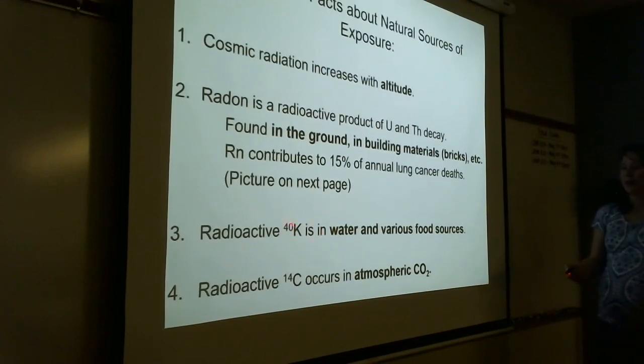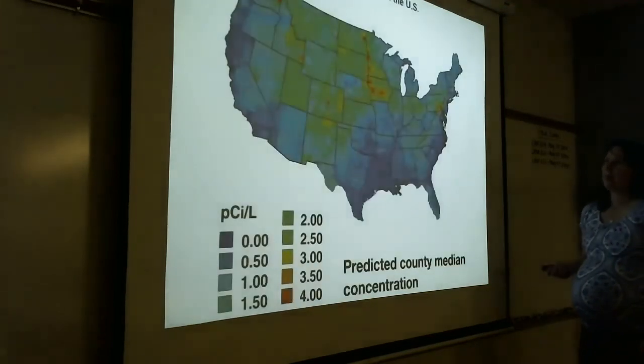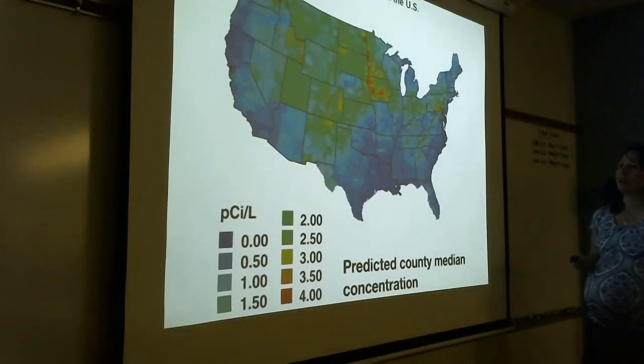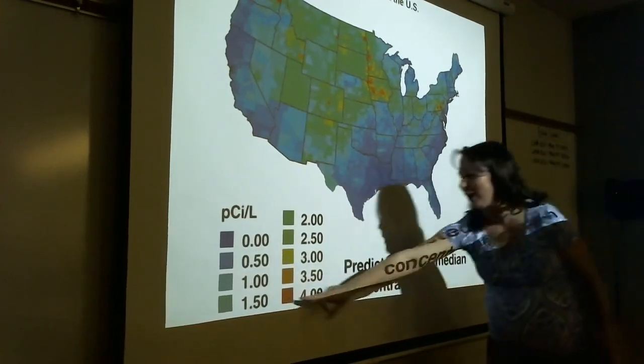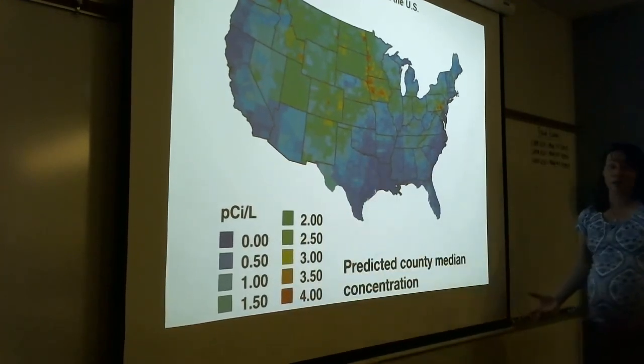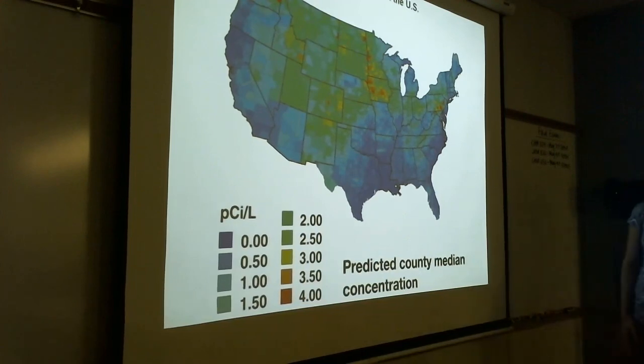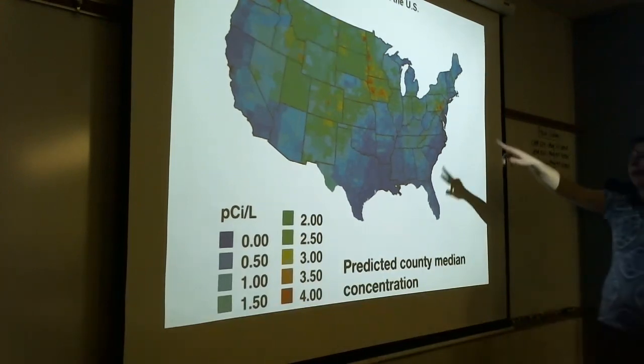And because radiation is occurring everywhere, that's how you can get radiodating, right? Because you're taking this in from your environment. Here's a picture of radon distribution across the country. What you want is blue. What you don't want is red. This is just naturally occurring from the composition of where you live, and it's broken down by county.